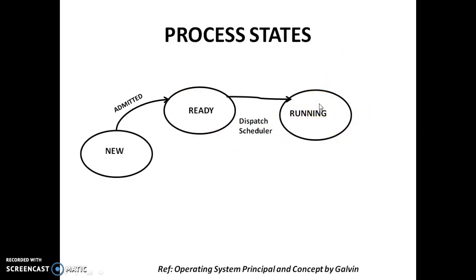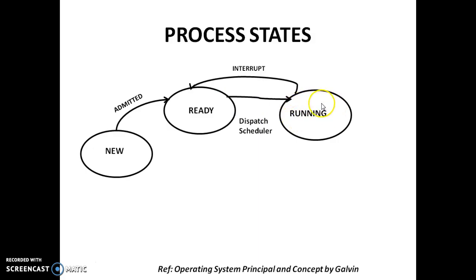Otherwise, if an interrupt occurs and the normal execution of the process needs to change, the process is sent back to the ready state. If everything is okay, it is dispatched again to the running state.